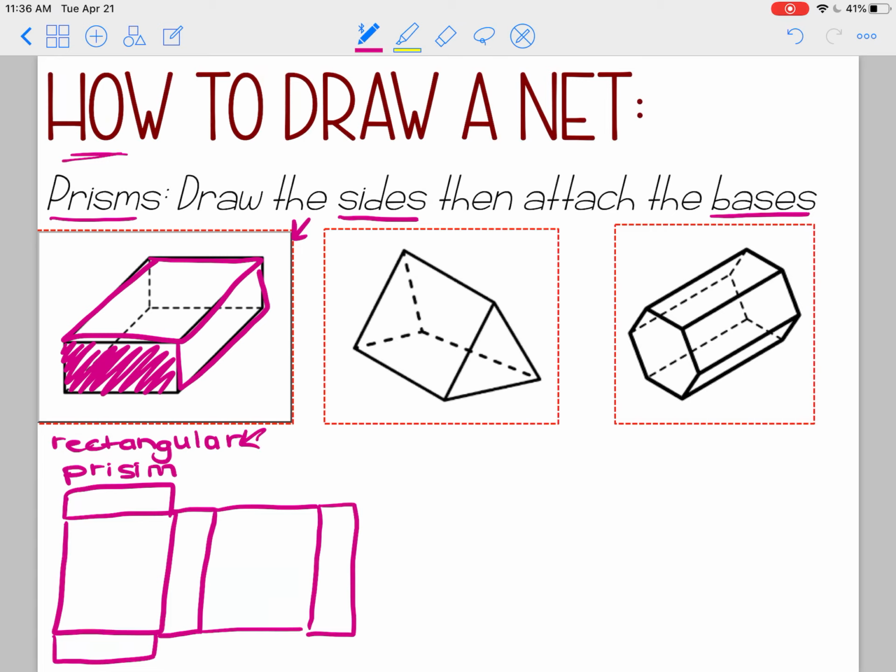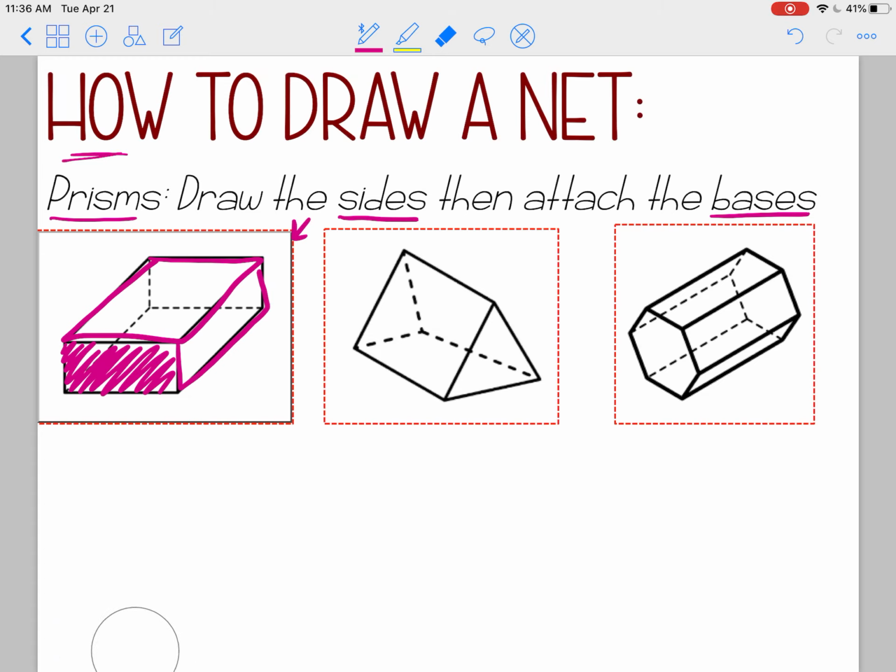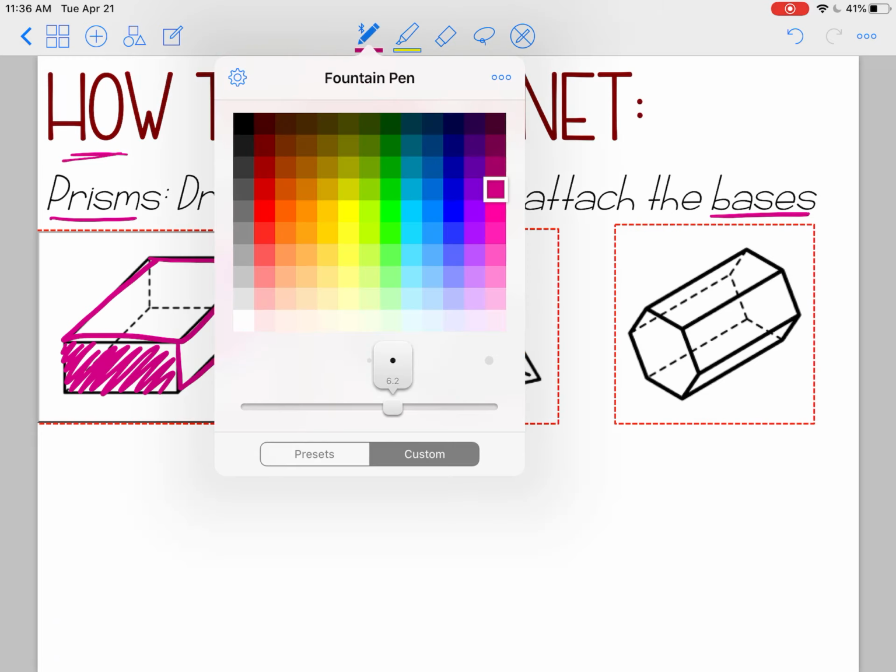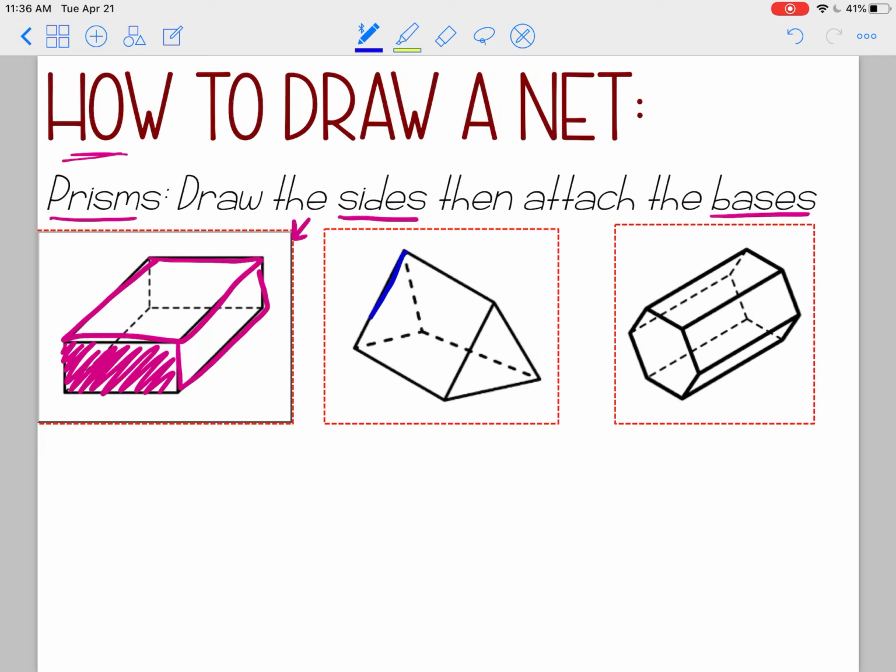If we folded it all back up, we'd have our rectangular prism, the three-dimensional shape. The next one, we know it's still a prism because it has rectangular sides. Prisms are named by their bases, so we know this one is a triangular prism. A triangular prism has three sides, and they're all rectangles.